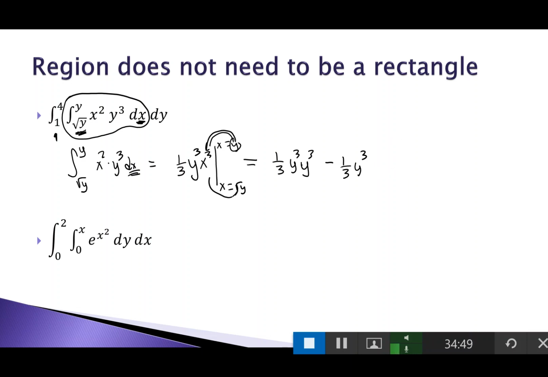And I'm putting root y in for x, so that will become a root y cubed. So I end up with 1/3 y to the 6th minus 1/3 y to the 3 plus 3/2, which is 9/2. So notice I integrated out the x. What's left over in my integral? Let's check it.